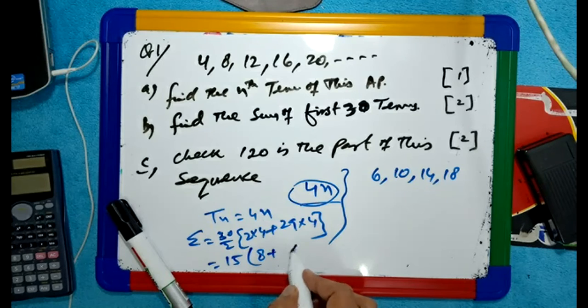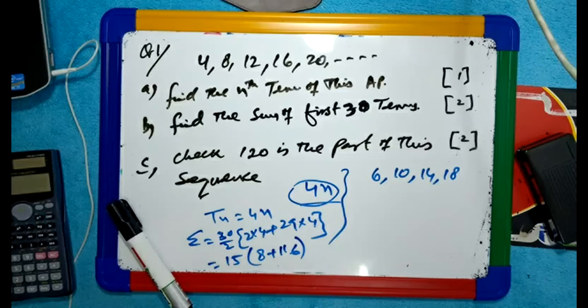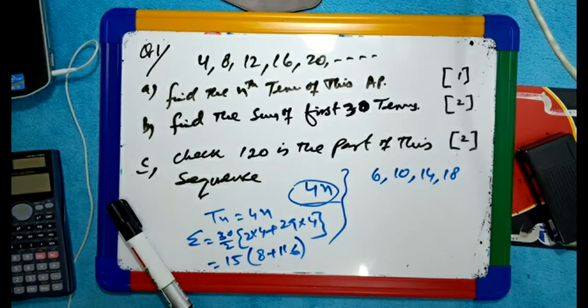So 15 times 8 plus 116. 8 plus 116 is 124. Then multiply by 15. You can get 62 times 4 times 15, yes, 1860.